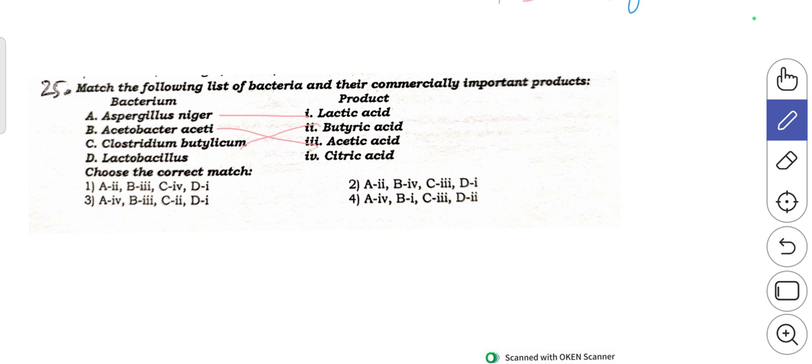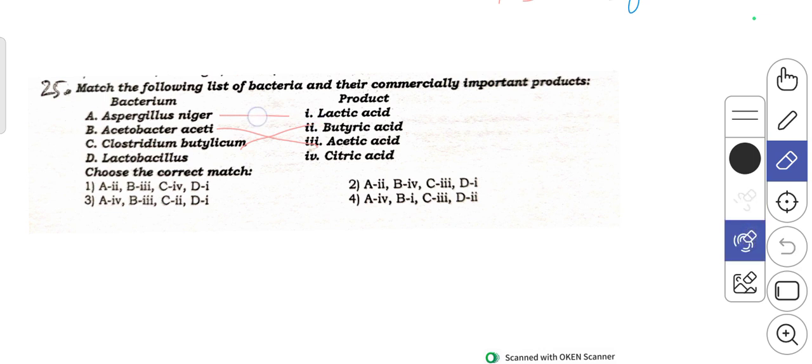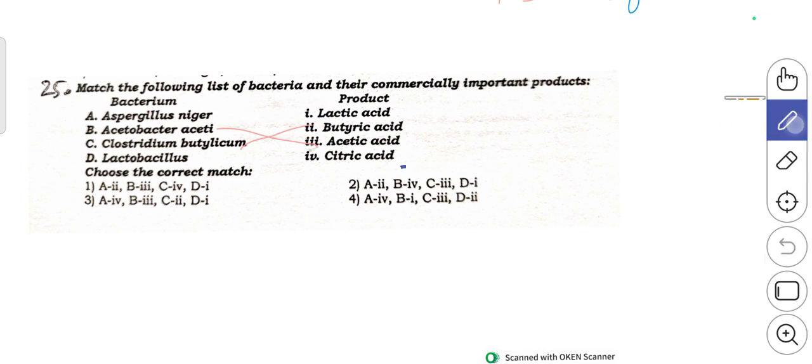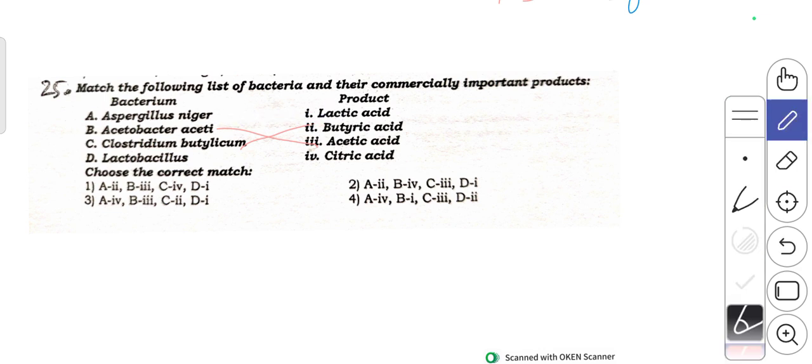Sorry, there is a correction with the first one. Again I will repeat the same thing. Aspergillus niger, citric acid, Lactobacillus, lactic acid. So the correct answer for this one, A4, B3, C2, D1. So this one will be the correct answer.